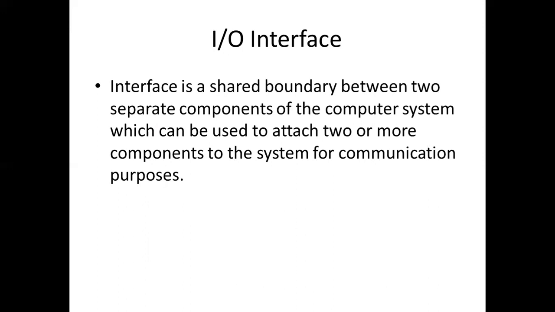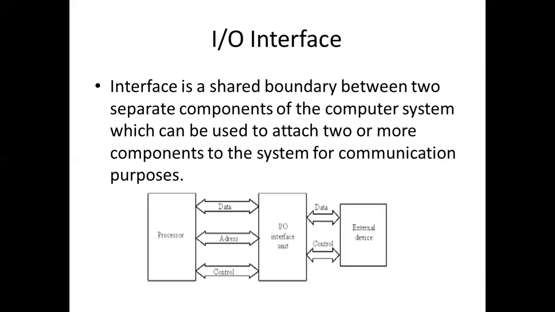Because the CPU, most of the time, is a digital device, an electrical device. The other ones, especially the peripherals, are usually considered to be electrical wired. So these are two different devices that need to communicate, and the interface becomes the intermediate.